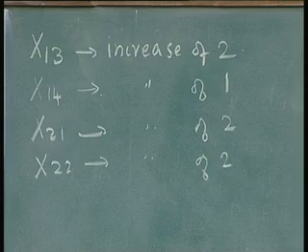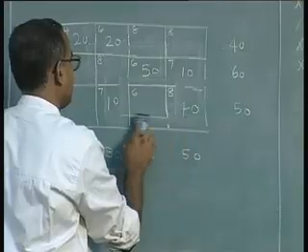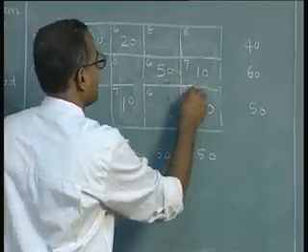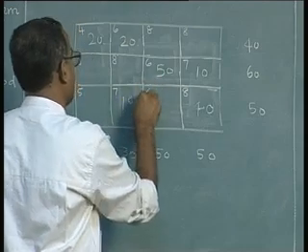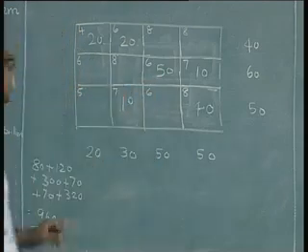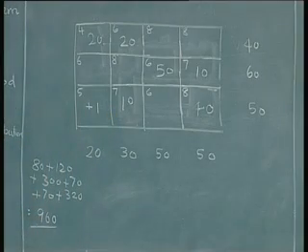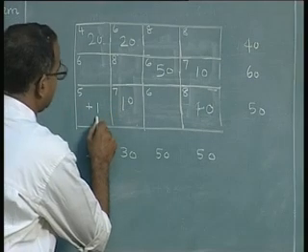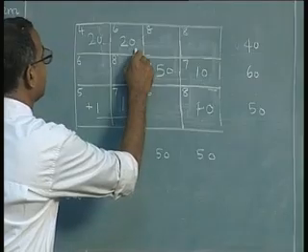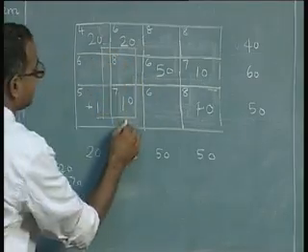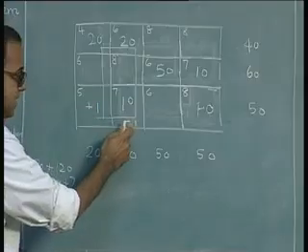Now there are 2 more positions which need to be tried. So we look at the remaining 2 positions here. Now we try to put a plus 1 in this position. Now we need to make a loop. So from here we move to this, we go back to this, we come back to this position and then we get back. So plus 1 would become a minus 1 here for the balance.